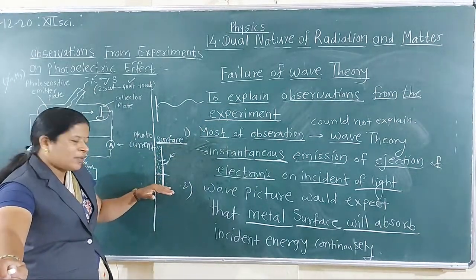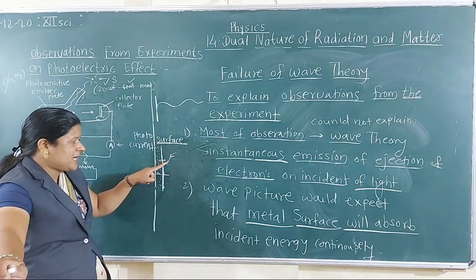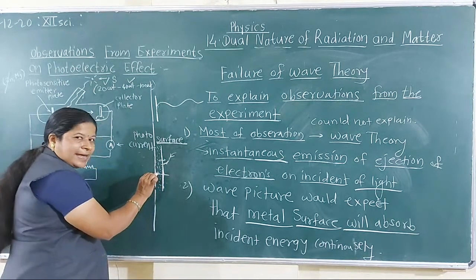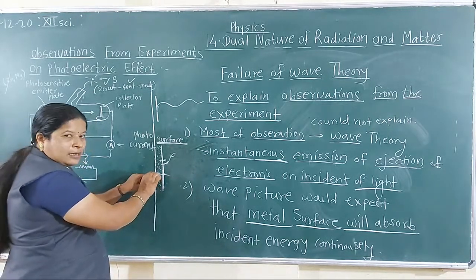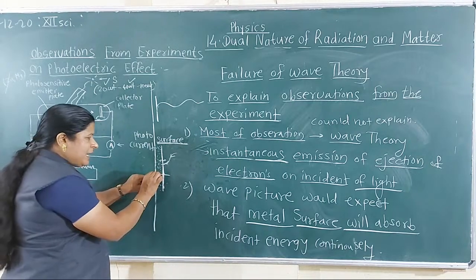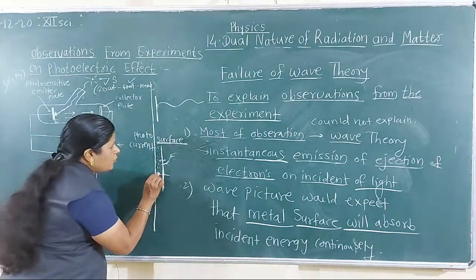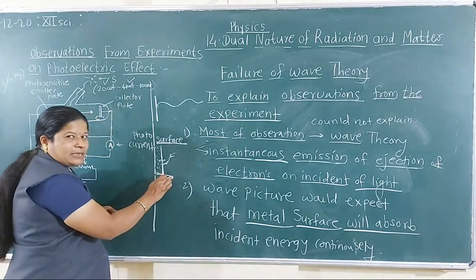These are the main points. As soon as the radiation is incident on this metal plate, the electrons take this energy, and by taking this energy, it takes some time to eject from this metal surface.